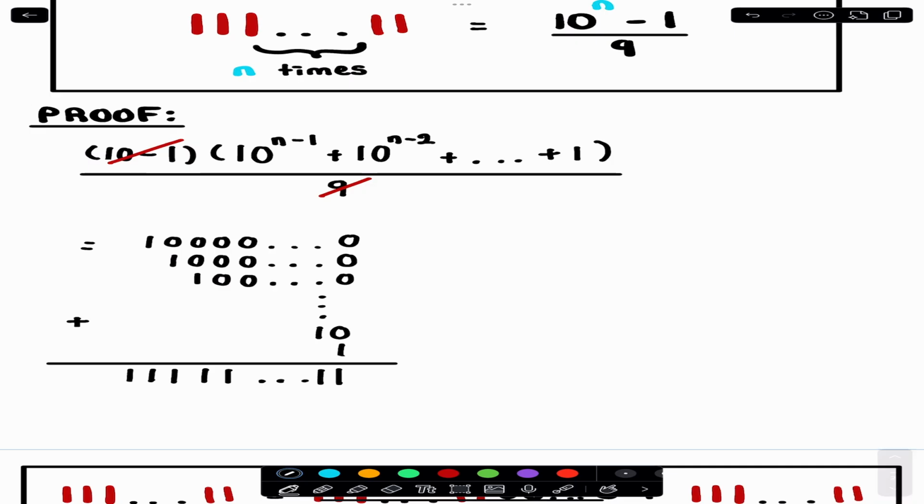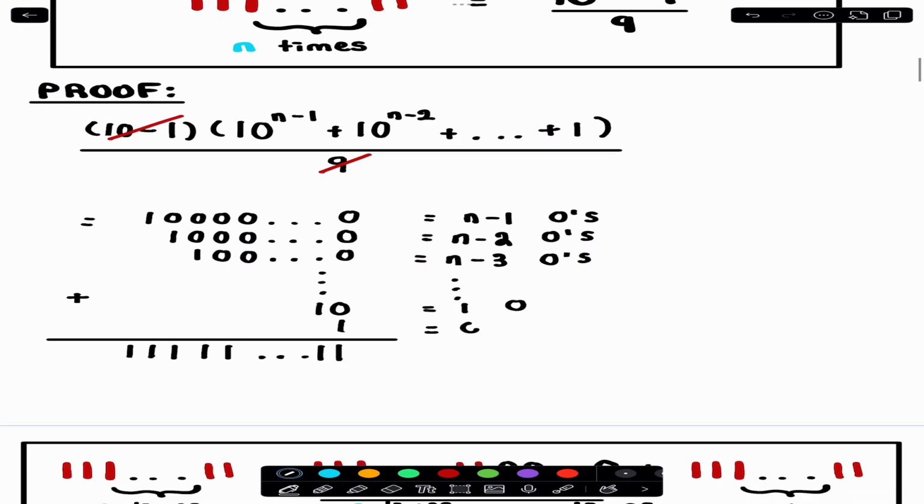There are n ones, and that can be seen very easily, because if there are n minus 1 zeros over here, n minus 2 zeros over here, n minus 3 zeros over here, there's 1 zero over here, and then over here there are 0 zeros.